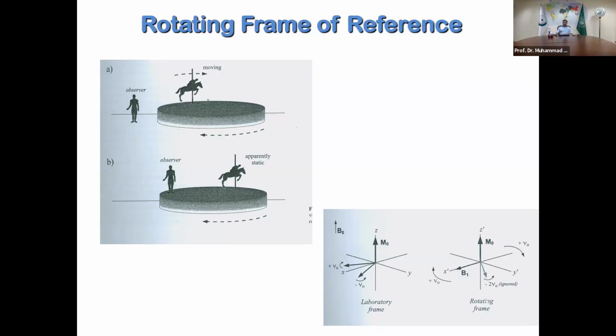Okay, so this rotating frame of reference can also be explained by what is called a merry-go-round. Yes, sir. Okay, I'm sure that you have seen them. There are a lot of different animals, and children sit on them and they move very fast.